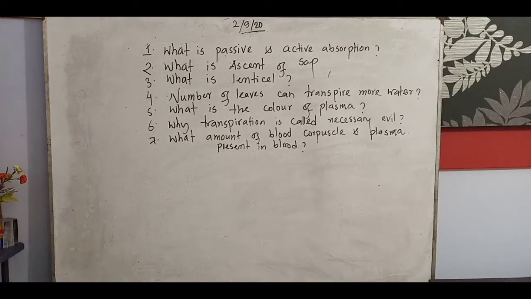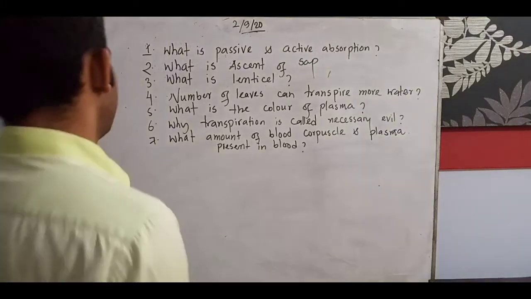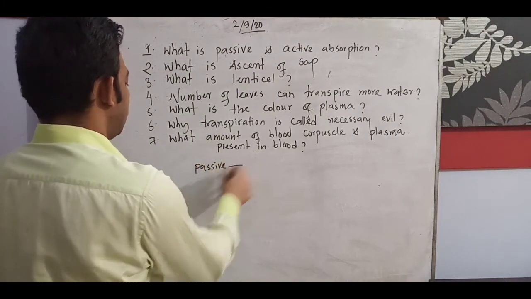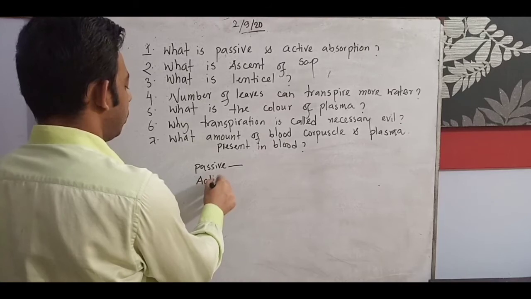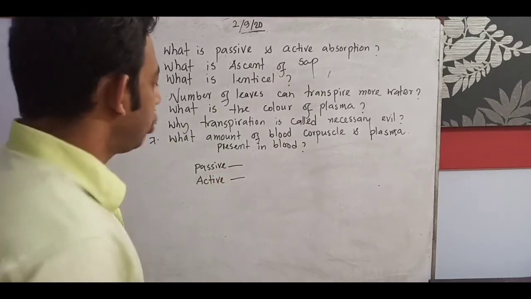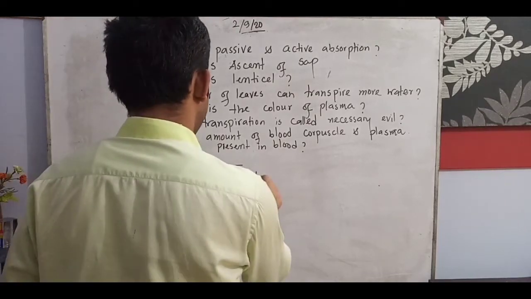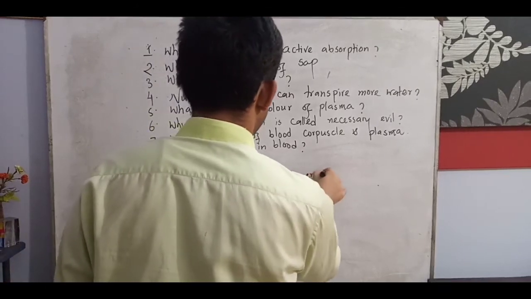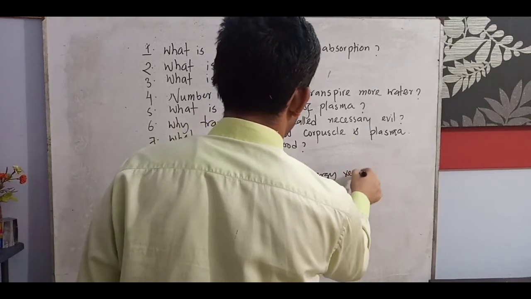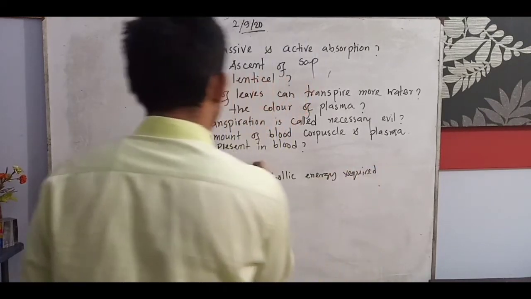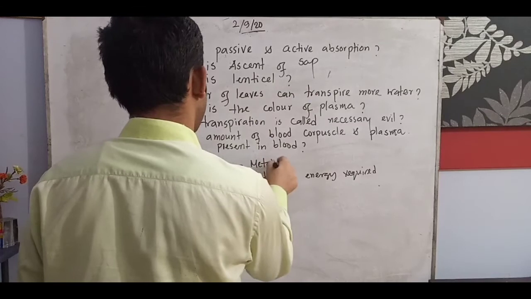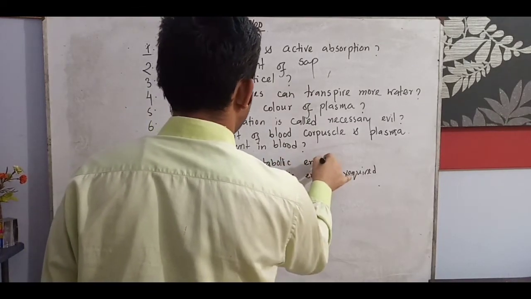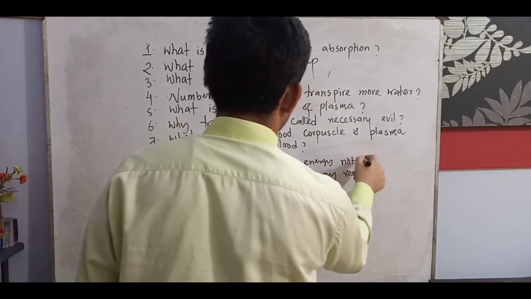What is passive and active absorption? The key difference is metabolic energy. In active absorption, metabolic energy is required, and in passive absorption, metabolic energy is not required.